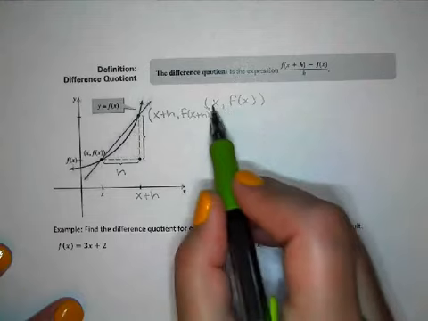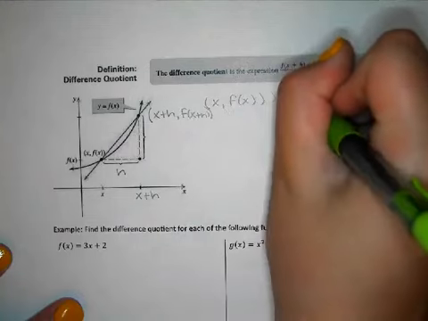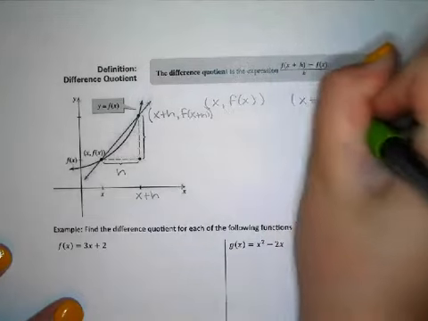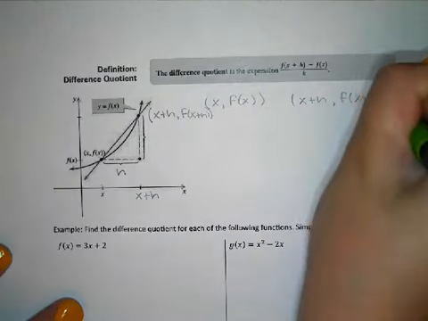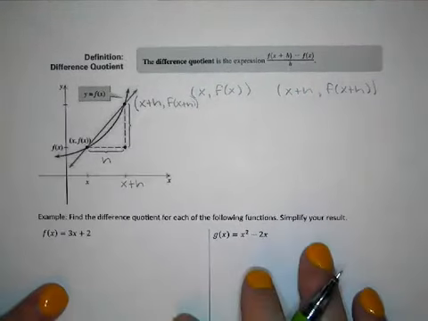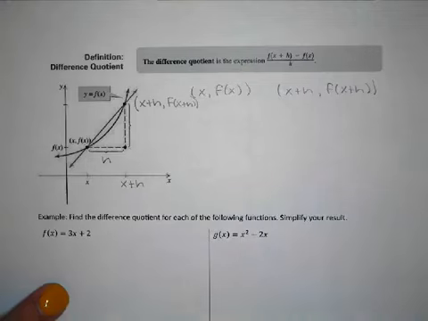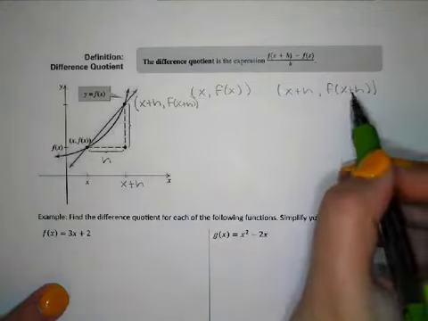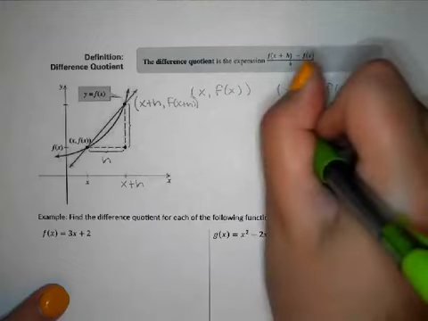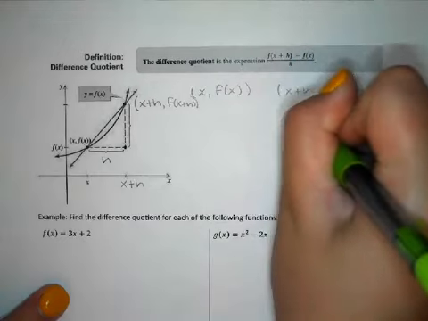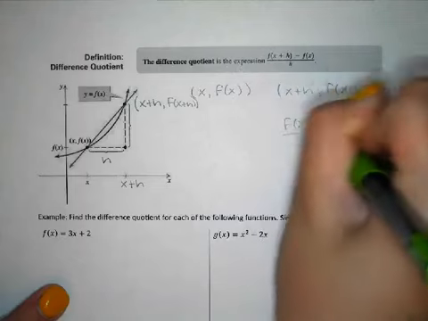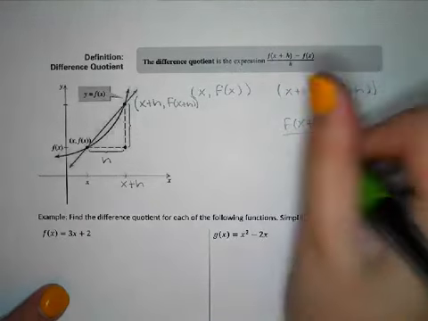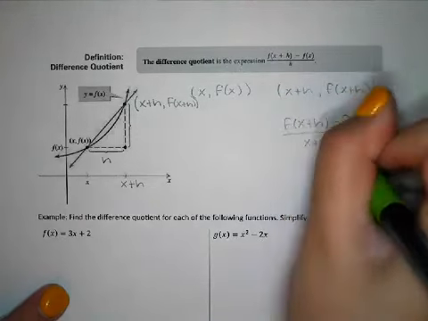So this is our first point. Here's our second point. And if we wanted to find the average rate of change between the two, we would just say the y minus the y, divided by the x minus the x.